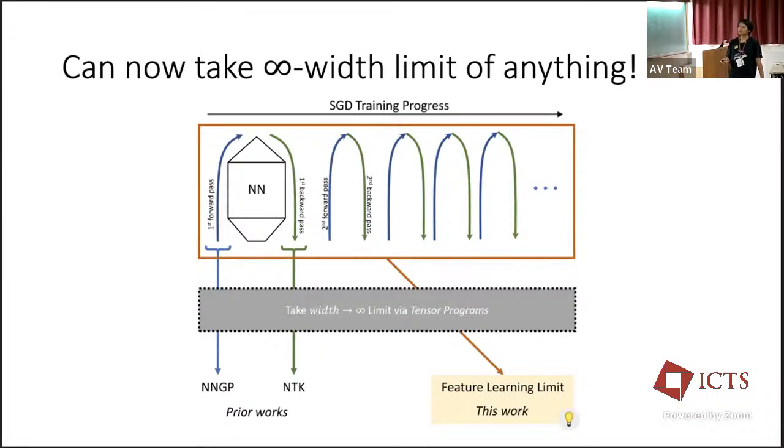This is the easiest thing to do because everything is independent and you don't have to keep track of any correlation. Then recently there's the work on the neural tangent kernel, which is roughly looking at the first backward pass. It's a bit more than that, but roughly speaking, that's it. That is slightly more difficult, but still easy because there's essentially no correlation in the weights.